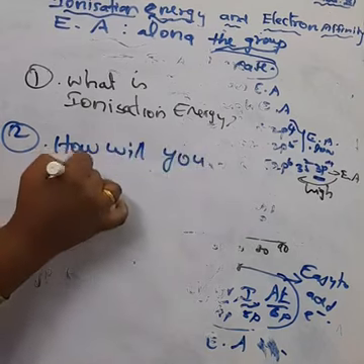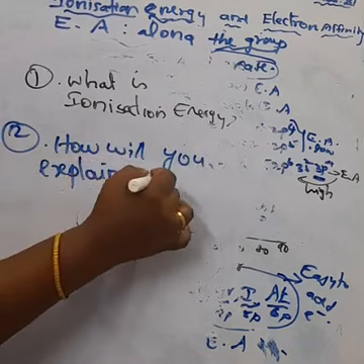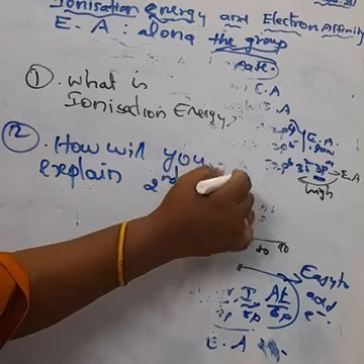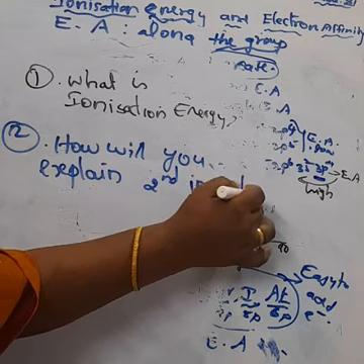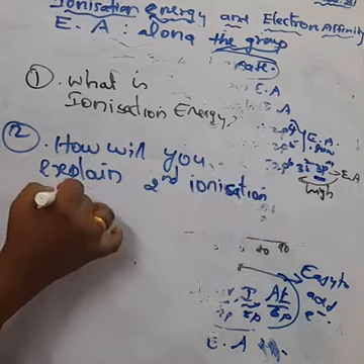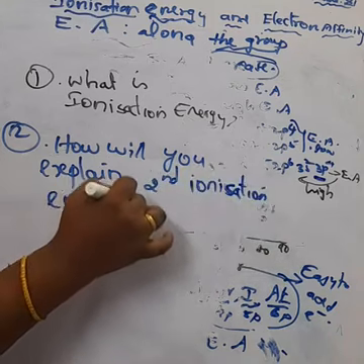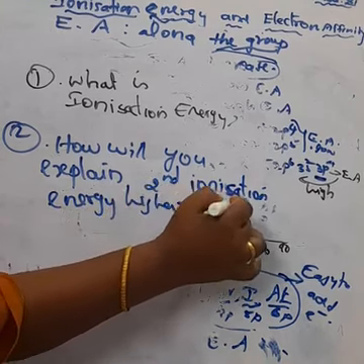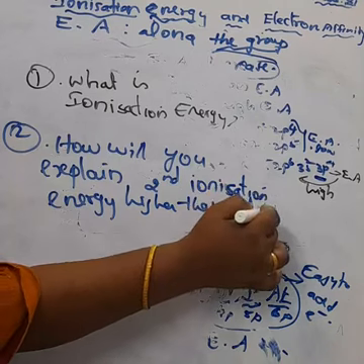How will you explain that the second ionization potential is always higher than the first ionization potential? These two questions you should study. All other topics you should read.